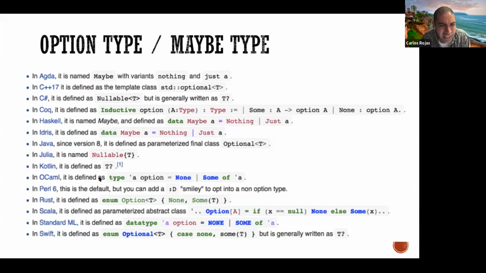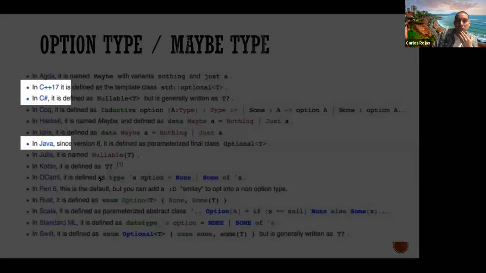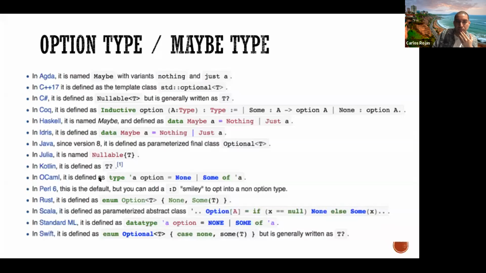Why should we care about this? Why is it important? I mean, we already had some ways to deal with this. Is it really worth it? For me, when I started giving some importance to this was when I saw that some other languages introduced this maybe data structure into the language.